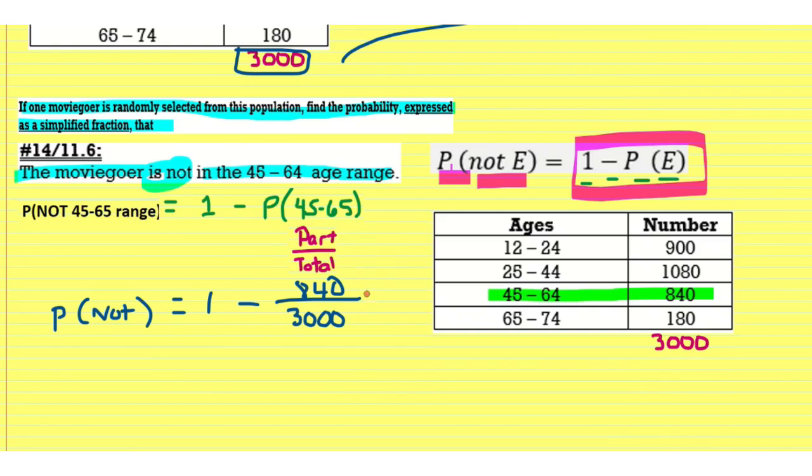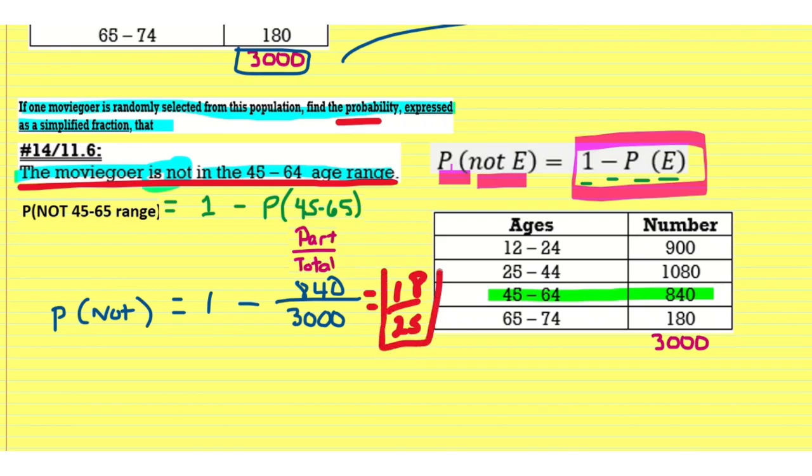So this is going to be equal to 18 over 25. So the probability that the moviegoer is not in this age range is 18 over 25.